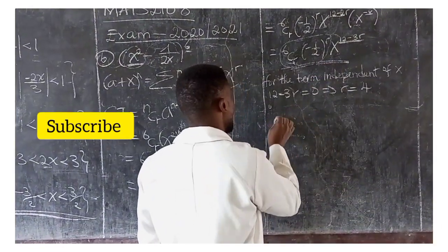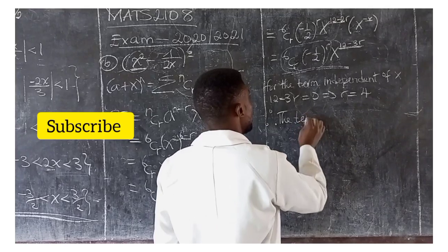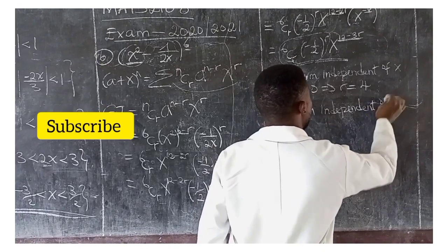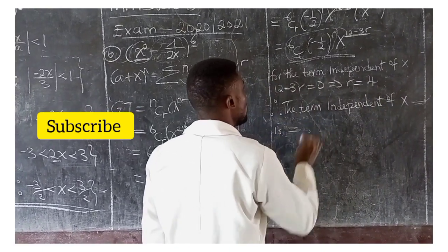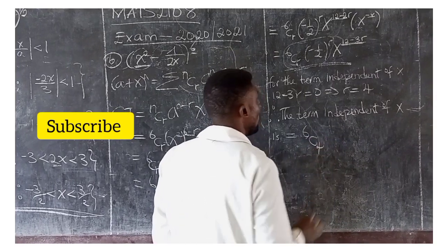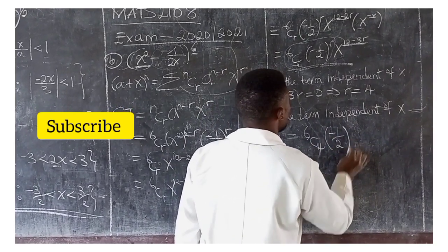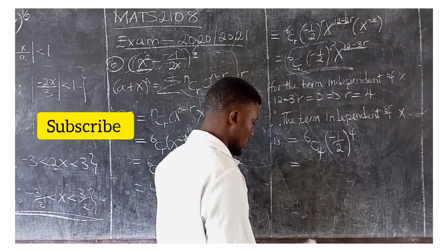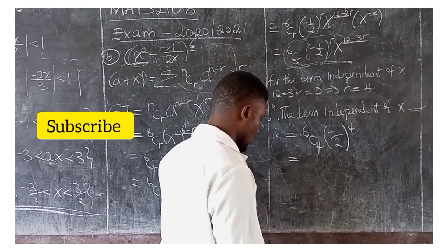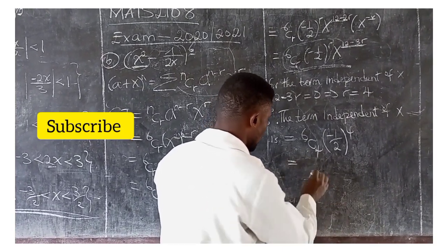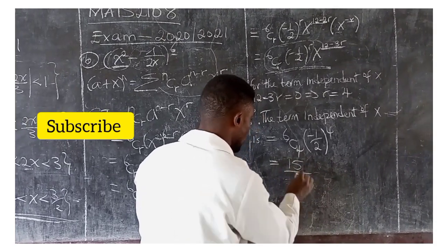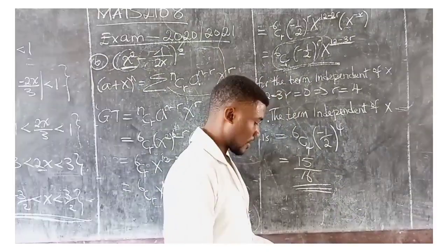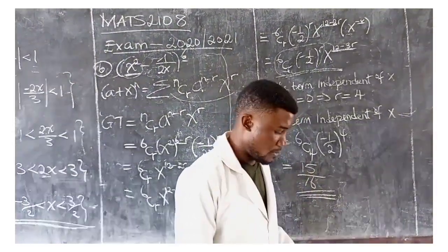So substituting there, the term independent of x is equal to 6 combination 4 negative half to the power 4. Simplifying this gives us 15 on 16 as the term independent of x, which completes the solution for question number 2.